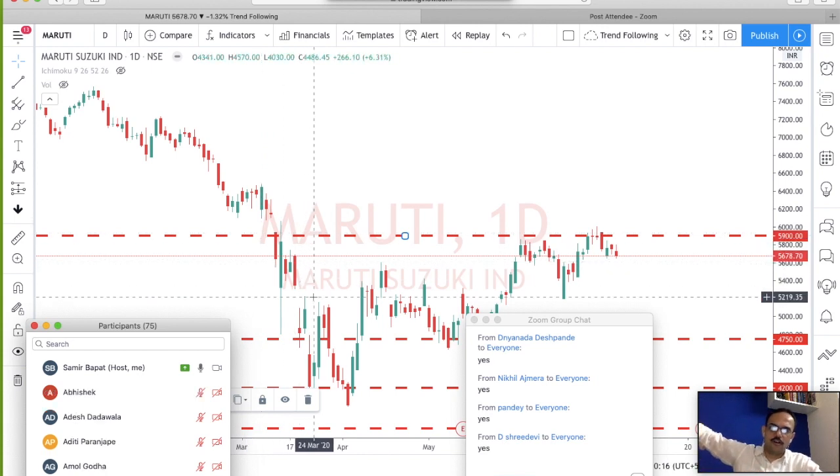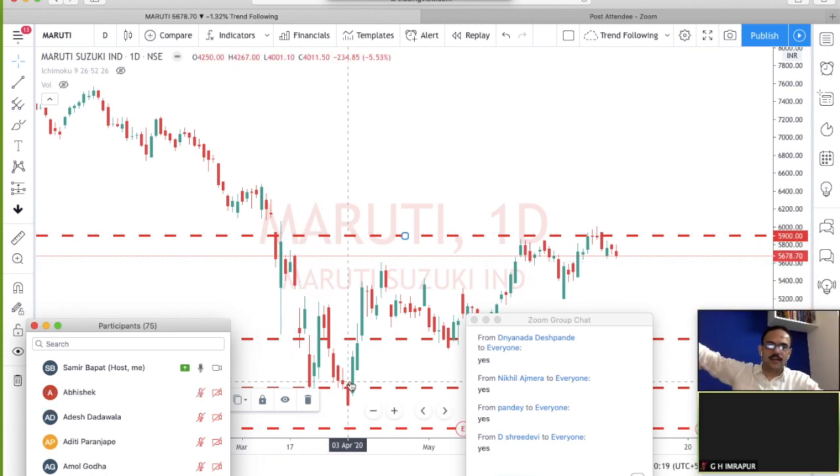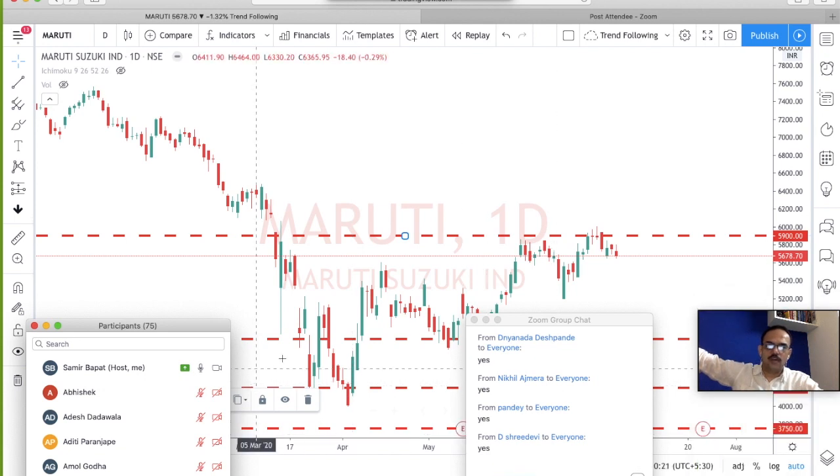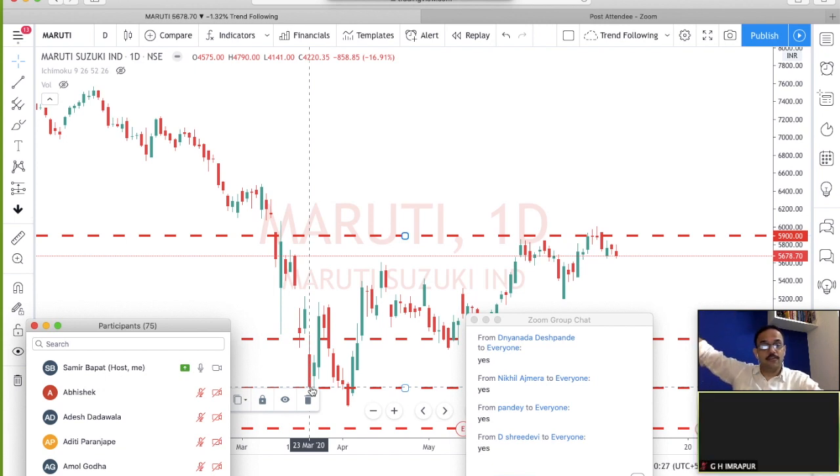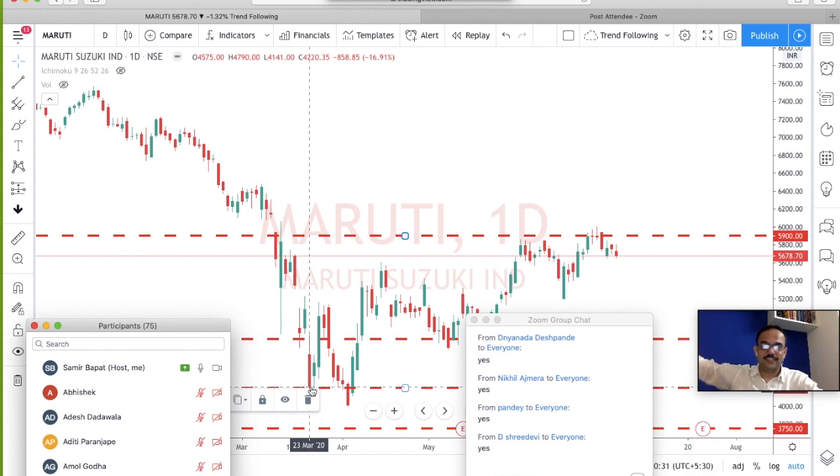If you would have drawn the line from 2015, see how it came here. It stopped at the level line which we have drawn in 2015, right?